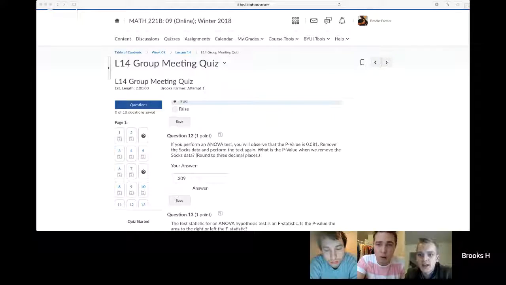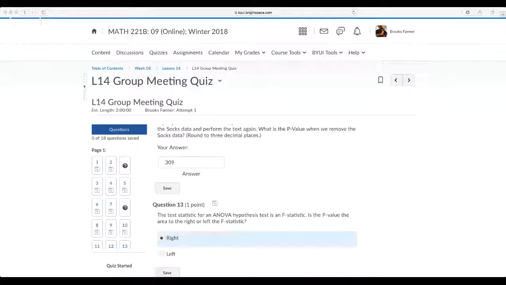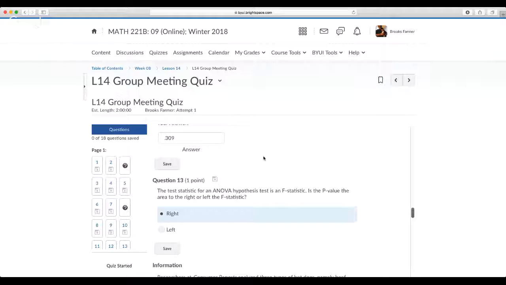All I did was erase the variable and put the value over. Sorry, what was that number again? 0.309. I'm share screening it. Yep, you are. And then 13 is right, correct? Because it's right skewed. They always have to be. Yeah.